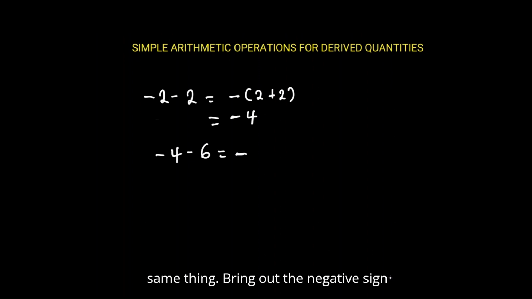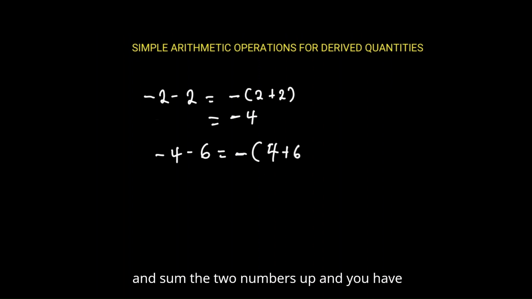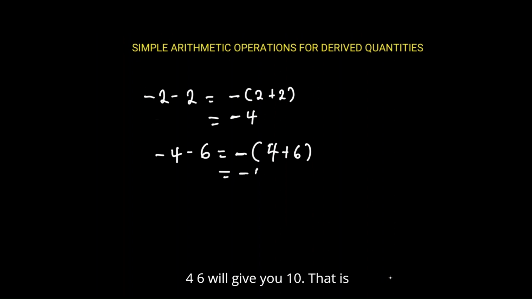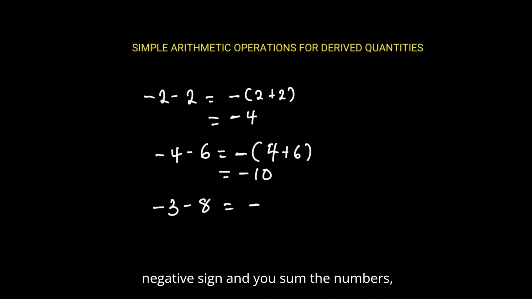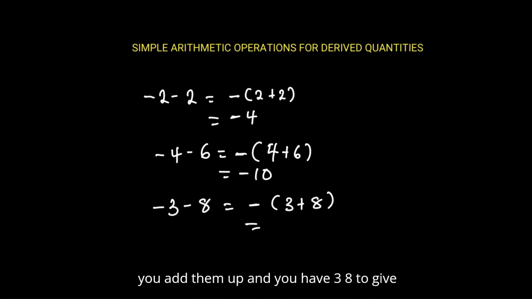Bring out the negative sign and sum the two numbers up, and this minus sign will still remain here. 4 plus 6 will give you 10. That is very simple. Let's solve one more. Minus 3 minus 8. So bring out the negative sign and you add the numbers, 3 plus 8 to give you minus 11.